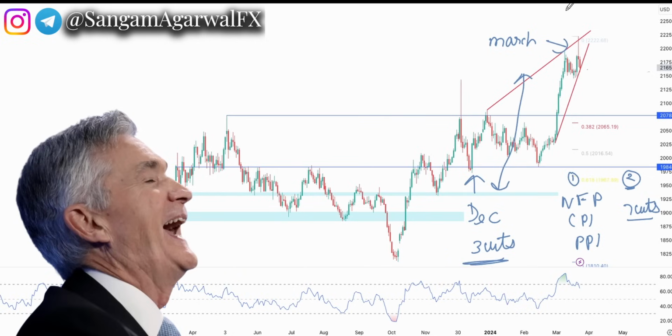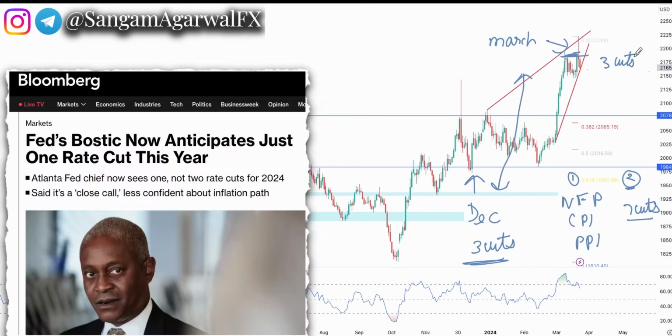So since December SEP, Fed is still saying 3 rate cuts, but not all FOMC members are saying 3 cuts. Some members like Bostic are saying only 1 cut. Since the blackout period is over, anyone can say anything anytime, but you have to be careful.